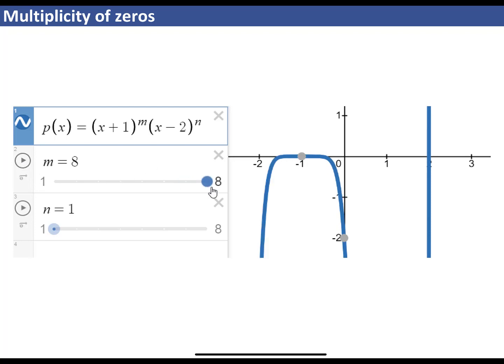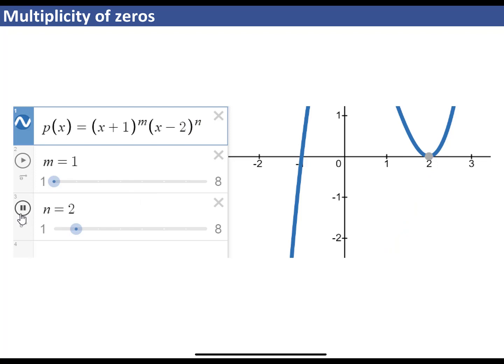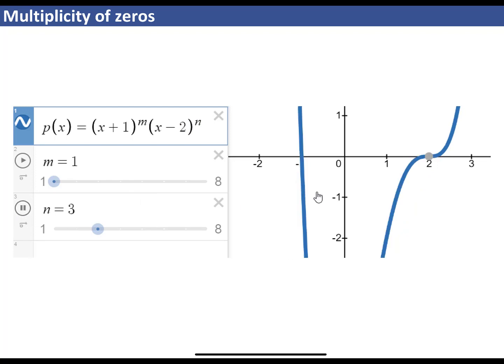Now I'll slowly increase the multiplicity for x minus 2, and again observe how the graph changes at the x-intercept at 2. So multiplicity 2, 3, 4, 5, 6, 7, and 8.